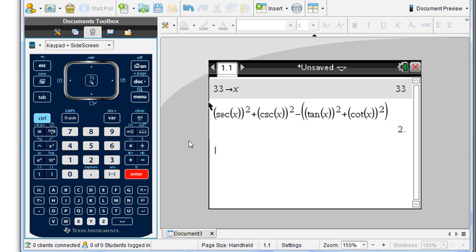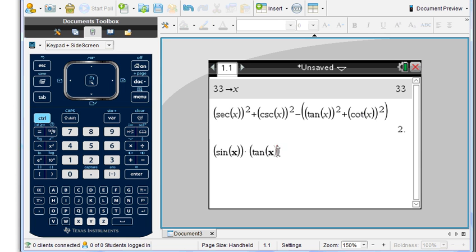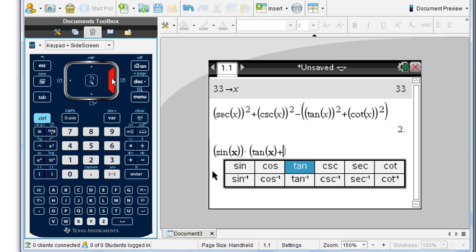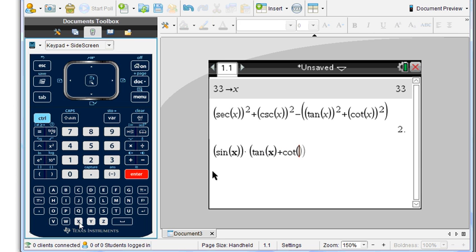We're going to take sine x, put parentheses just like they have it here, sine x times, open parentheses, we have tangent x plus cotangent x, let me see, we've got to be inside tangent x, we'll leave it inside here, plus cotangent x, and pressing enter, this will get 1.19.